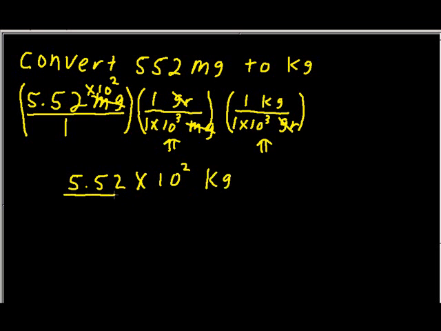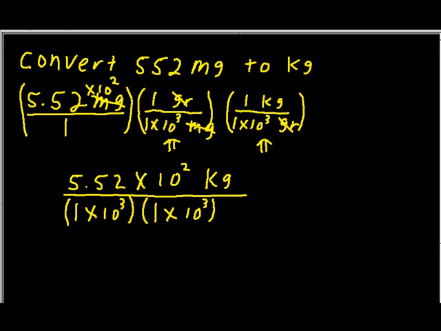That's going to be divided by, multiply across, 1 times 10 to the third times 1 times 10 to the third. Now you will notice there are no units down here because the units have all canceled out. So we exist just as numbers.